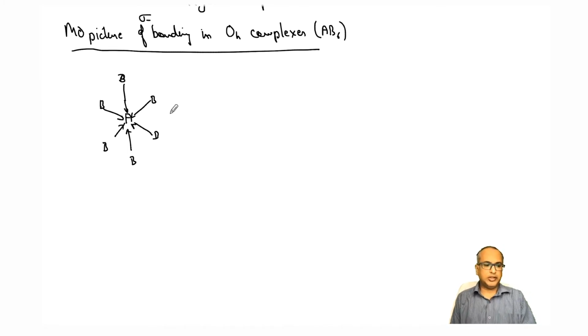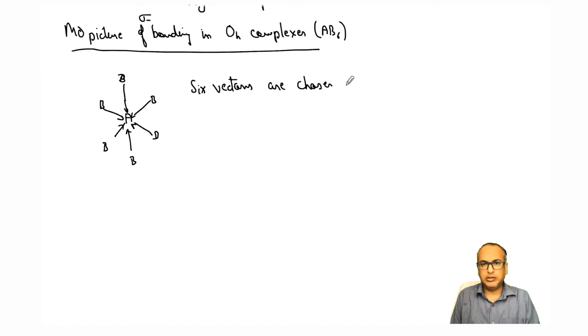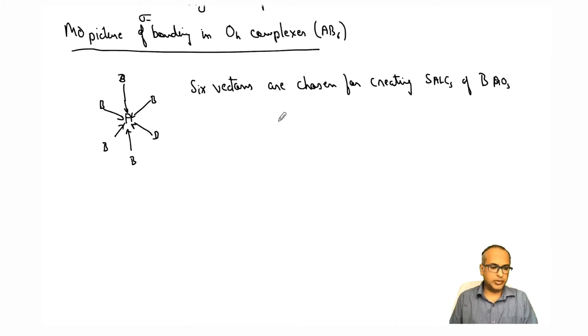All right, so 6 vectors are chosen for creating SALCs of the atomic orbitals.